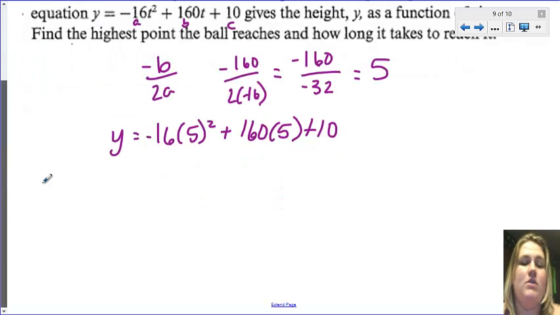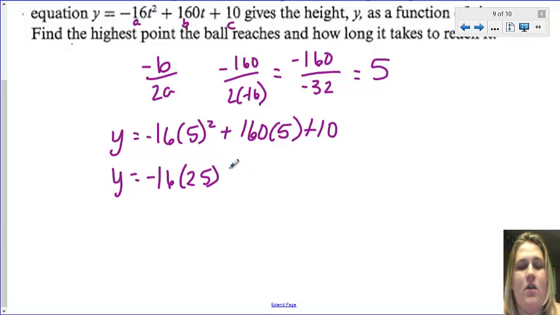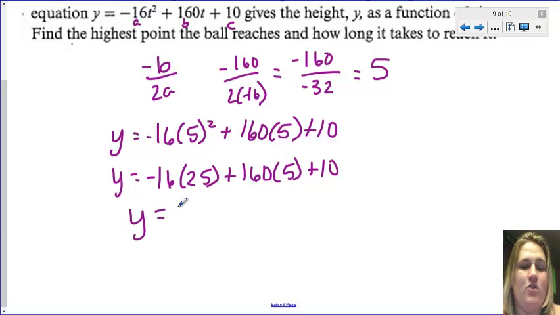So whenever I simplify this, I have y equals negative 16 times 25 plus, we'll just write it like they have it, 160 times 5 plus 10, which gives me that y is equal to 410. So this was my axis of symmetry, which is x equals, right?